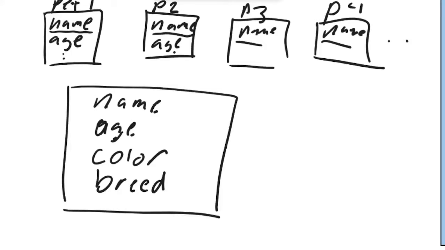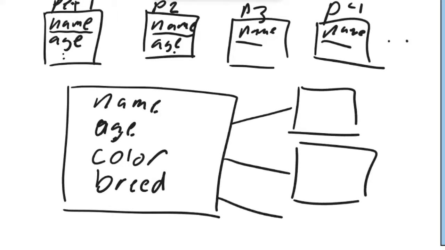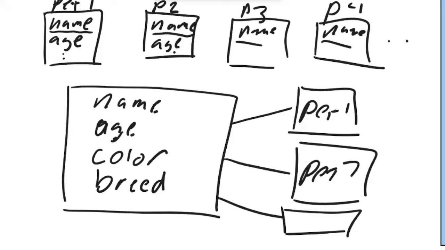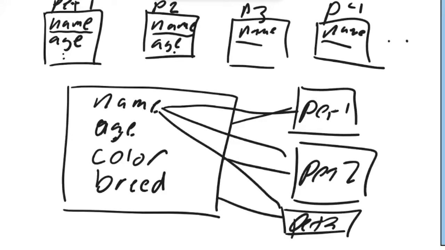And so from all of these, you can create one class, and then you can derive, or you can create instances of that class into different pets. So this would be pet 1, pet 2, pet 3. And from each of these, they will have access to their own copy of name, and their own copy of age, and their own copy of color, and so on and so forth.